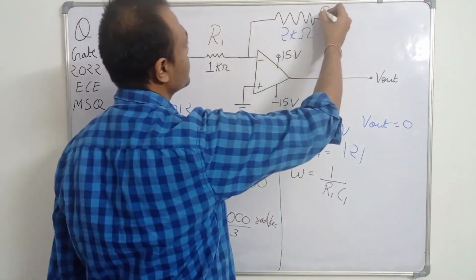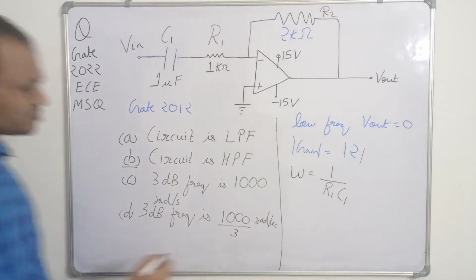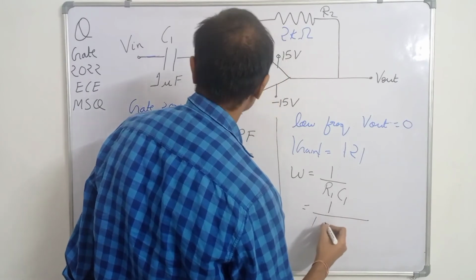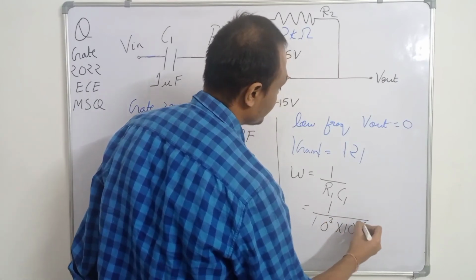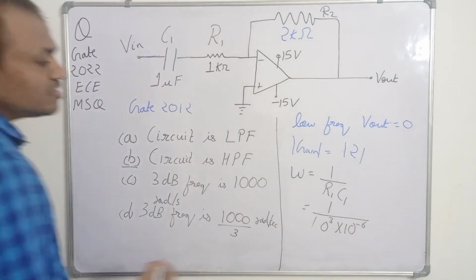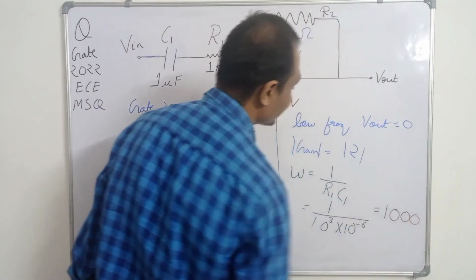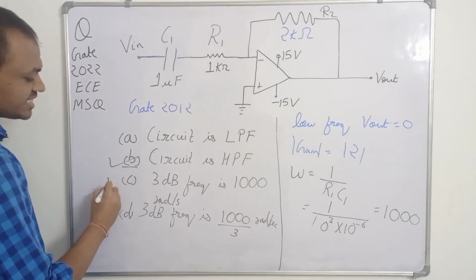This is R2, so it has no role in the 3 dB frequency. So 3 dB frequency will be equal to 1 upon 10 to power 3 into 10 to power minus 6, because 1 microfarad is equal to 10 to power minus 6 farad. So this will be equal to 1000 radian per second. So option B is correct and option C is correct.